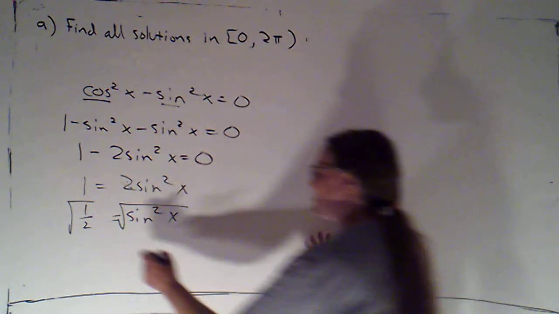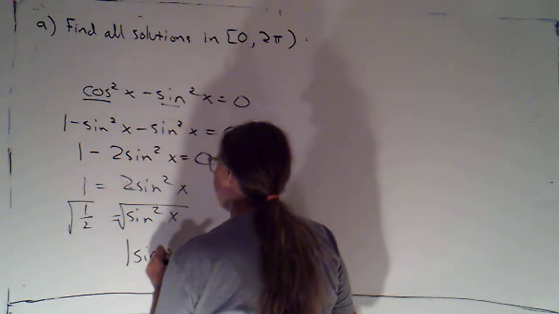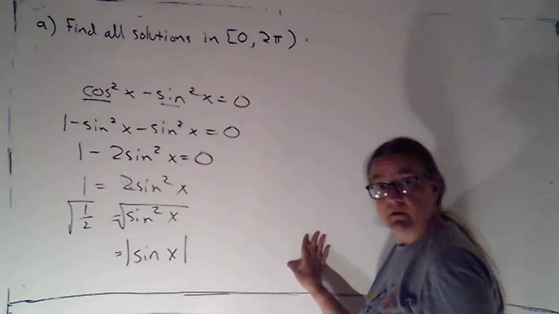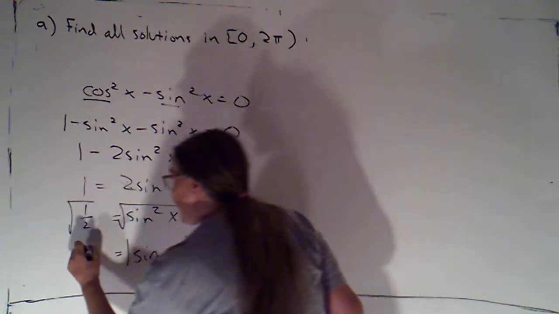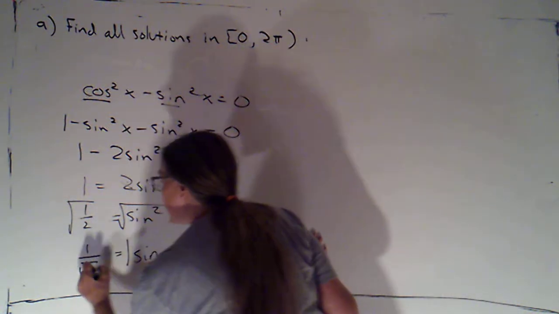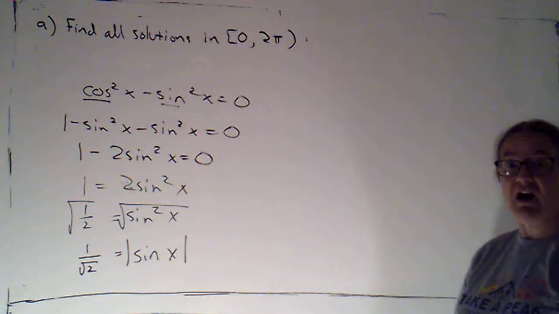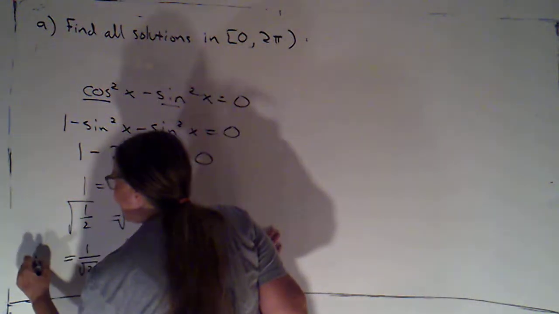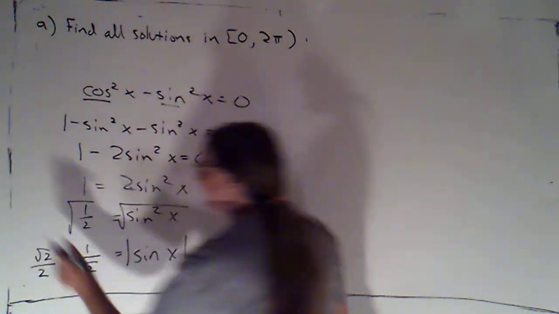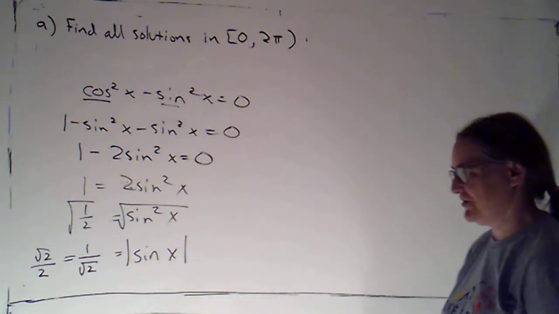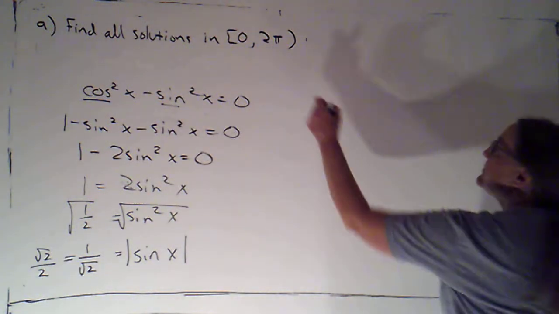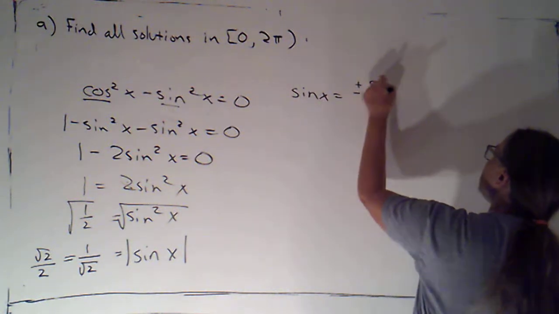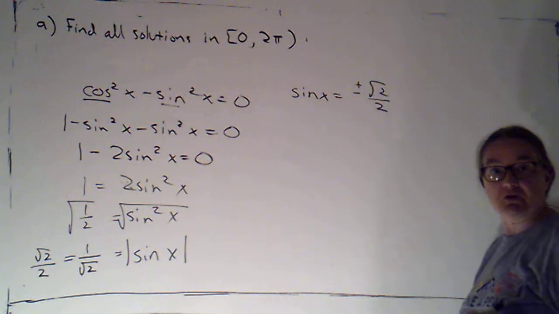Square root of sine squared of x is the absolute value of sine of x. And of course over here, that's the square root of 1 on top. That'll just be 1. And then I'll put a square root of 2 on bottom. And hopefully we've rationalized that often enough that we recognize in simplified form that's root 2 over 2. Okay. So this means that sine of x is either plus or minus root 2 over 2.